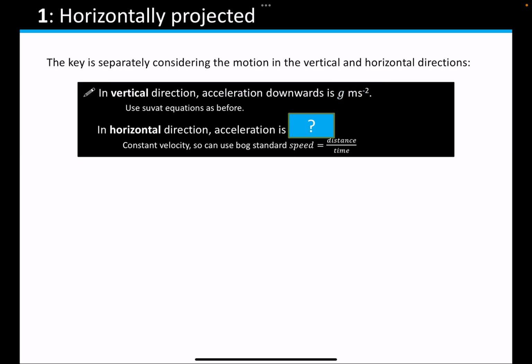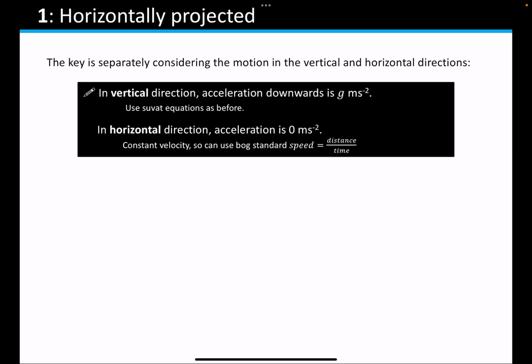We know that in our vertical component, our acceleration is g, which is 9.8. In the horizontal component, the acceleration is 0, because in an ideal world where air resistance doesn't exist, we expect our object to travel at a constant speed. And if an object is traveling at a constant speed, that means it's not accelerating.